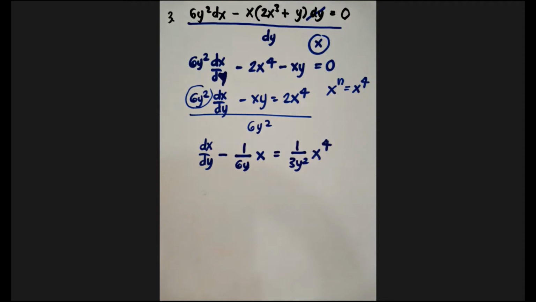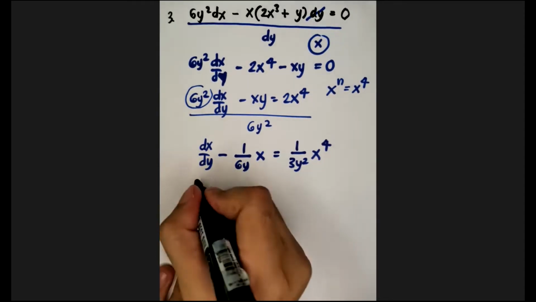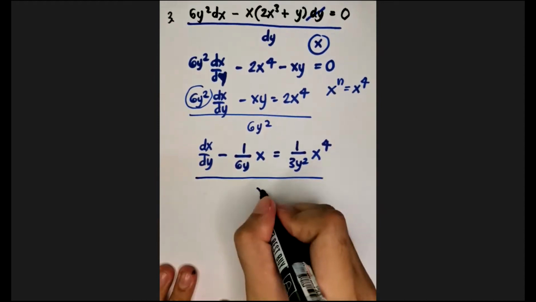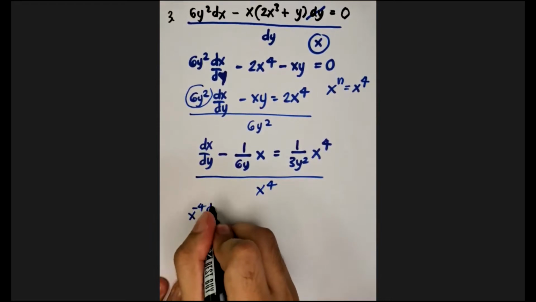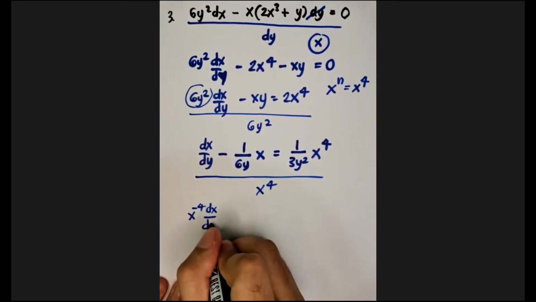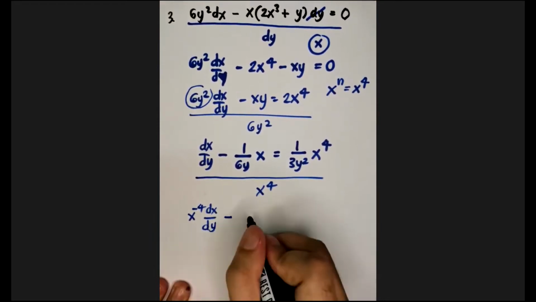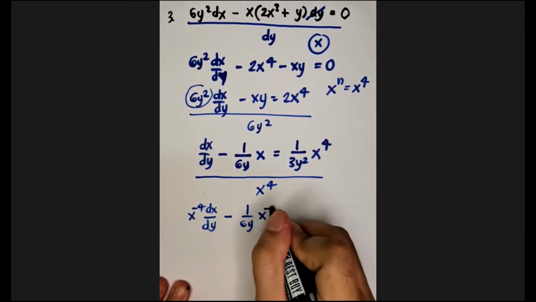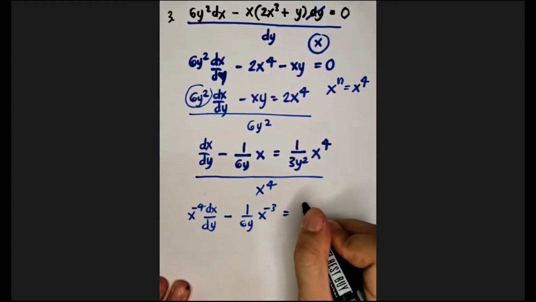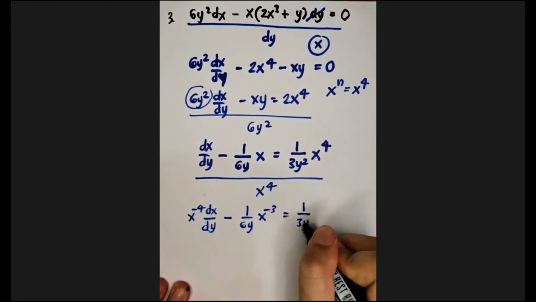So it's in standard form already, except this one is in terms of x. Then we divide by x raised to 4. So we'll have x raised to negative 4 dx over dy minus 1 over 6y x raised to negative 3, equal to 1 over 3y squared.